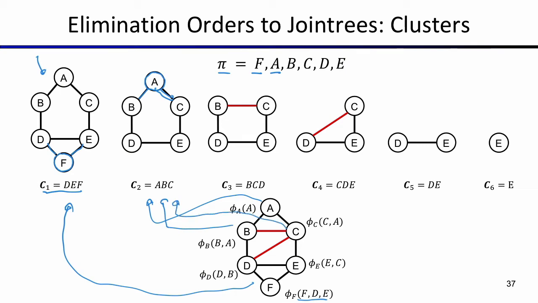So in order to eliminate a, we need to put together the factors that mention that variable. We're going to put phi a, phi b given a, and phi c given a together and multiply this. So we're going to eliminate the variable a, and we will generate a new factor that mentions b and c.